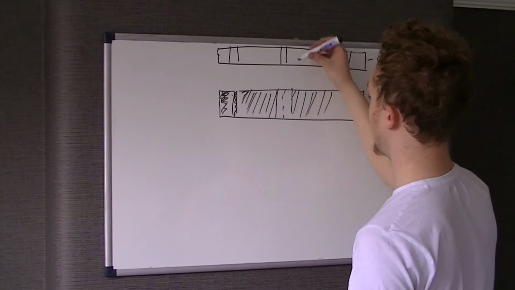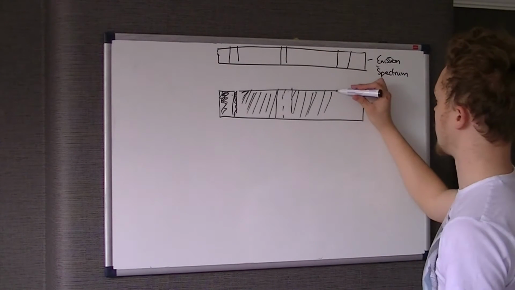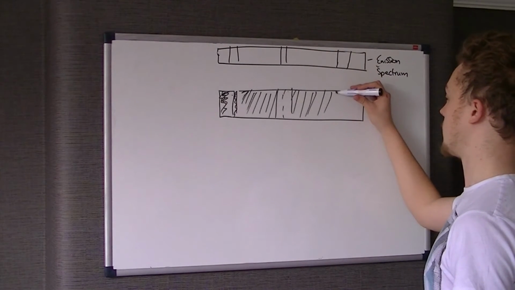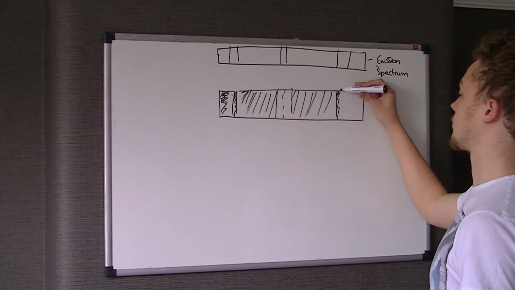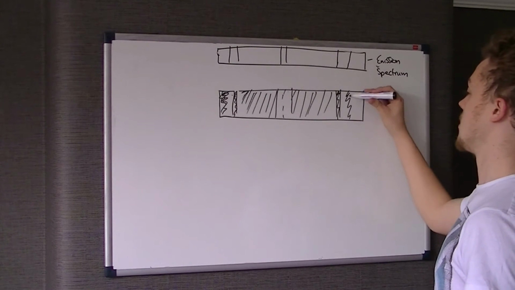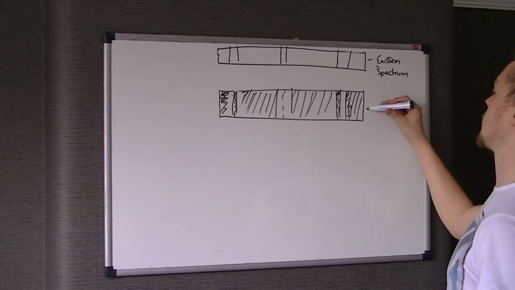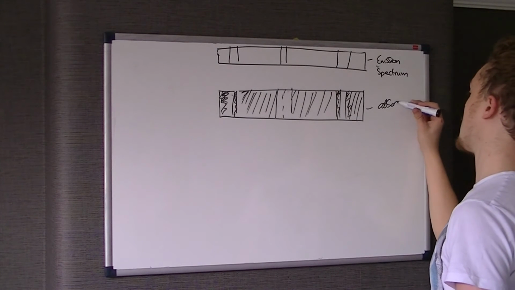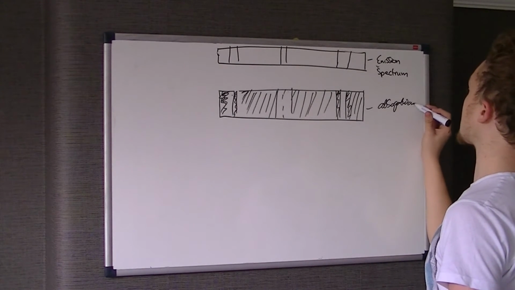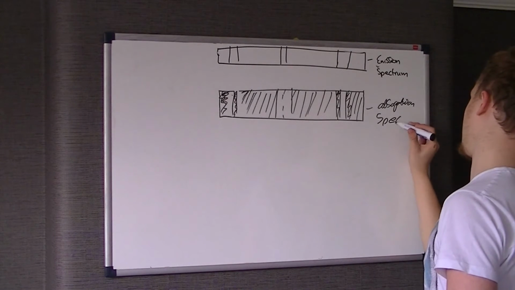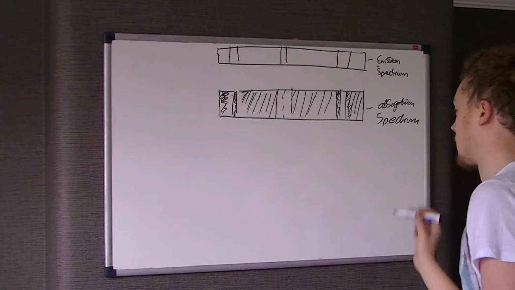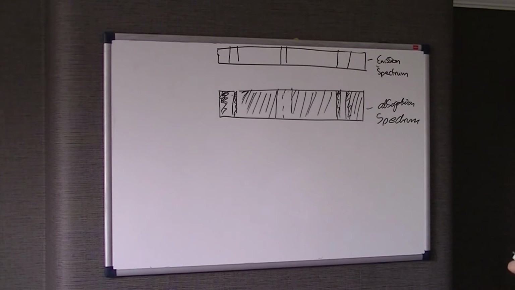Hopefully you can see from my drawing that where there are lines, that is what we call an absorption spectrum. Obviously I could do colours, but you get the idea, and you can always look online, and there are fairly good examples online anyway.